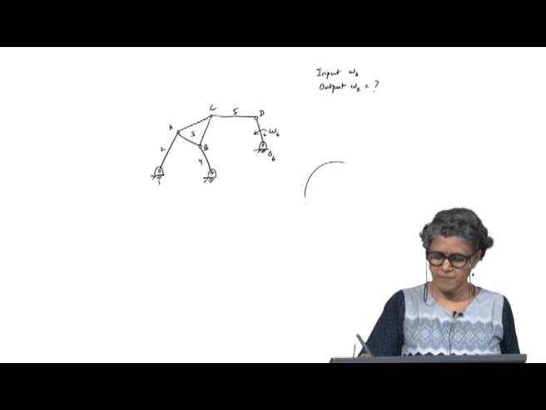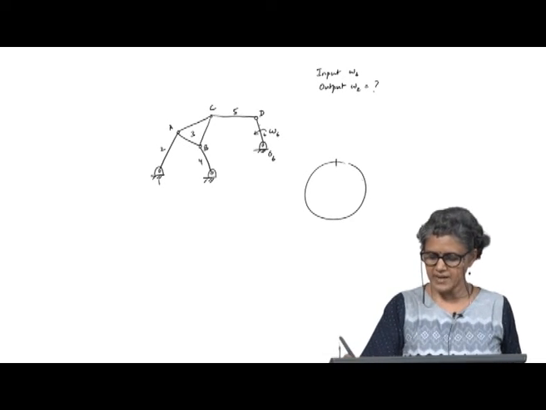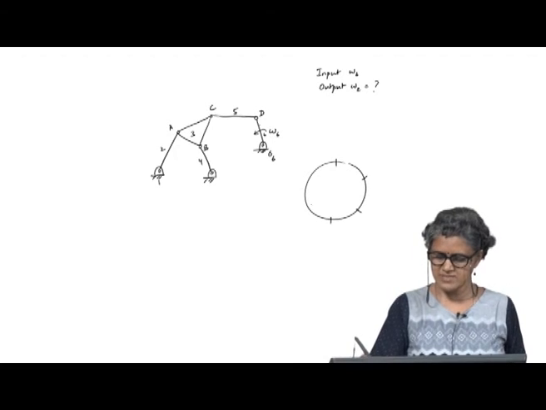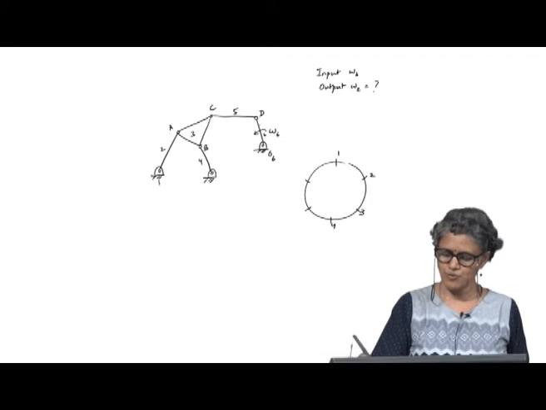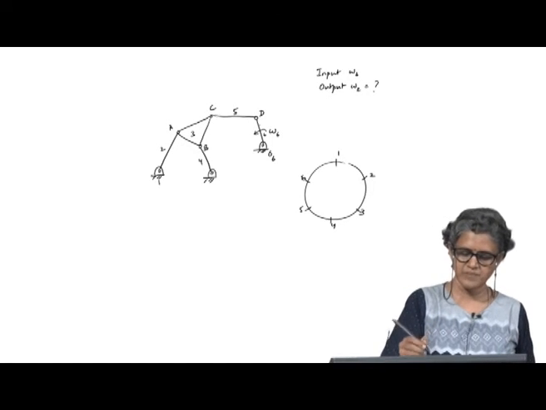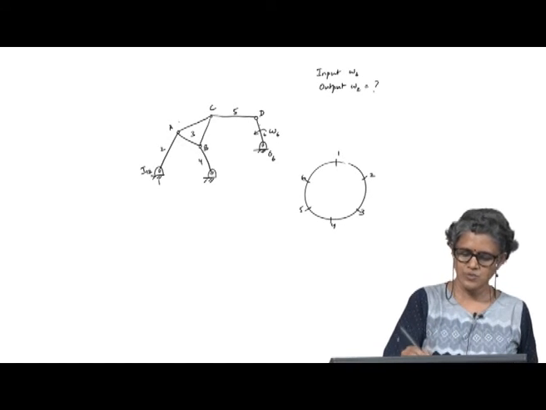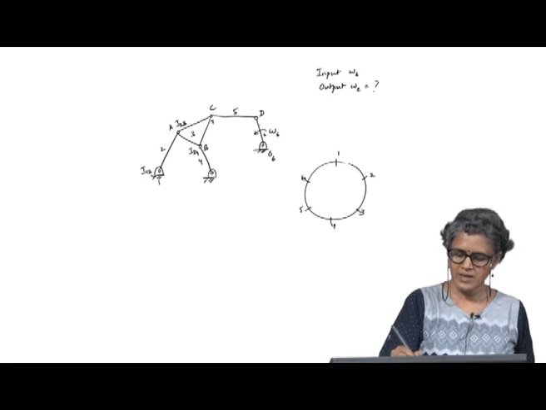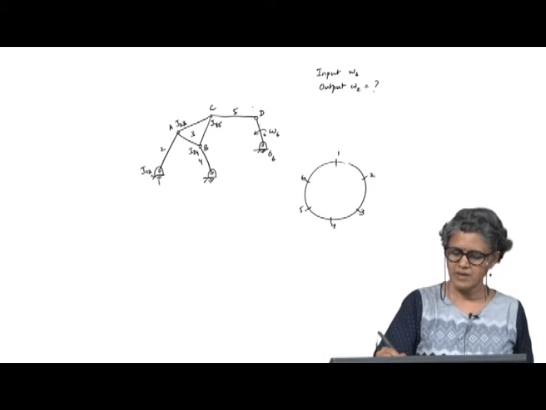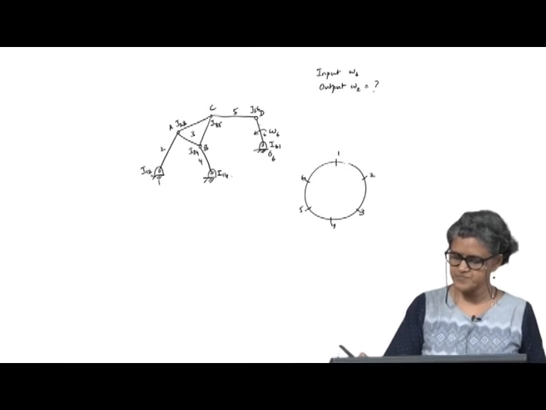So, I have my circle diagram with now 6 marks on it, 3, 4, 5, 6, I12, I23, these are all the known instant centers, 34, I35, I56, I61, I14.